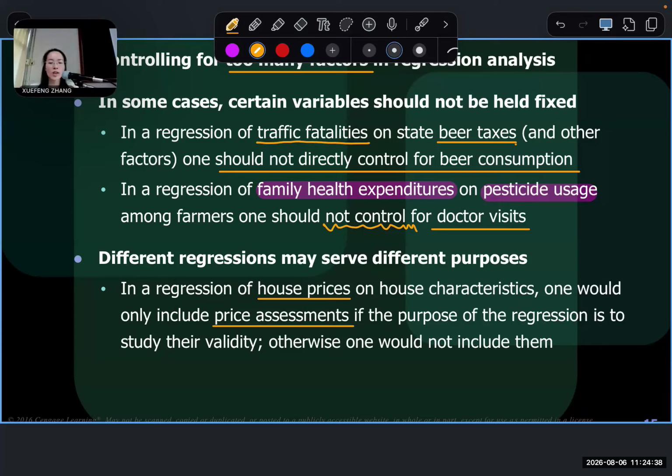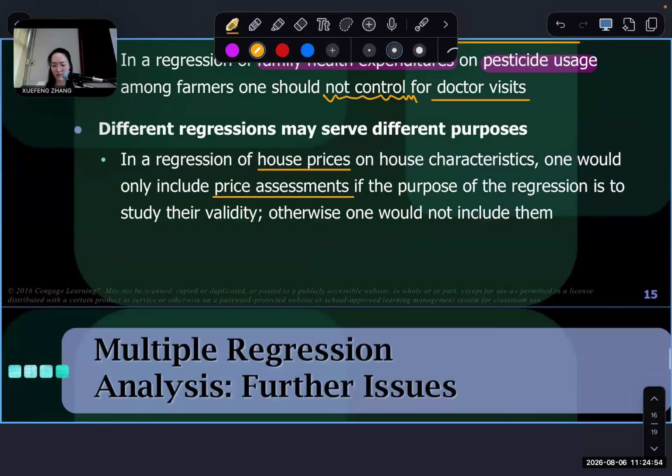So the takeaway is, before controlling for a variable, ask: is this a cause of X or a consequence of X? Controlling for consequences kills the effect you are trying to measure. So this is the key point. When you run your regression, you should have control variables, right?